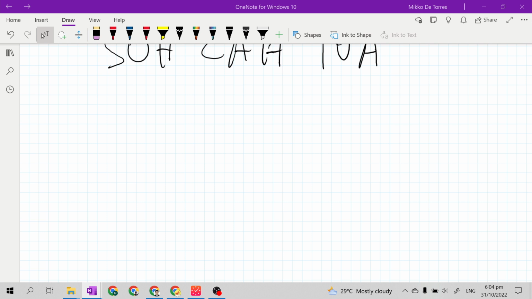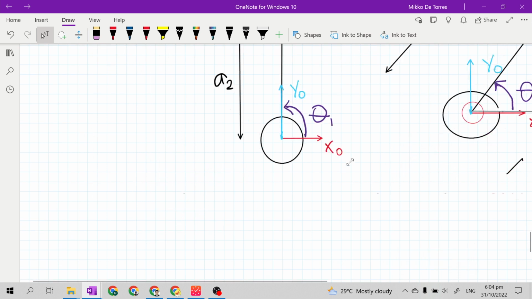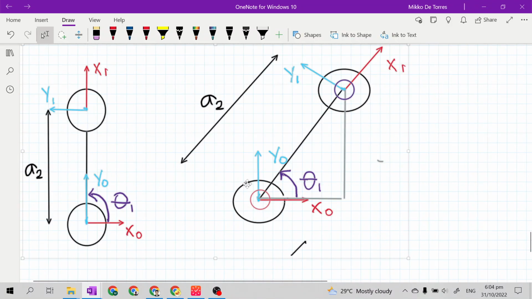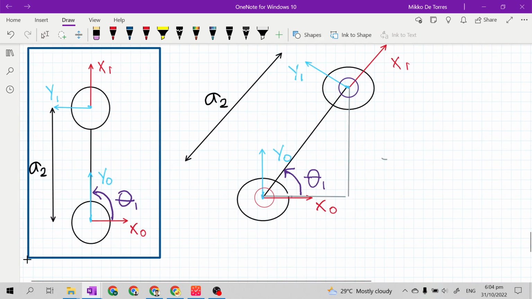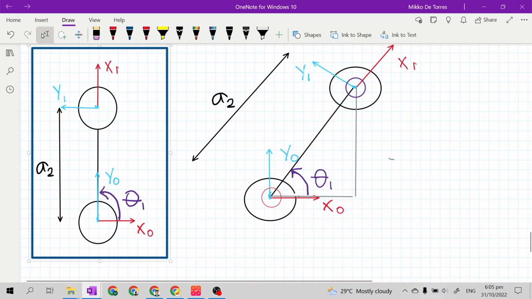So our mechanical manipulator will look like this. This is what our mechanical manipulator with frame 0 and frame 1 looks like at top view.